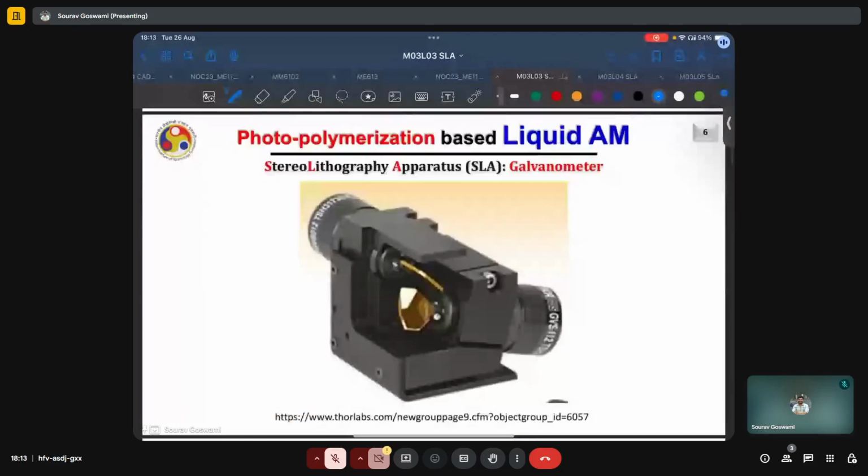And let us talk a bit about the galvanometer. As I said, a galvanometer consists of a pair of mirrors mounted on motors, and we discussed in some depth how, because of the very small inertia of these galvanometer mirrors, they are able to rotate very quickly and deflect the laser light over the scanning area at great speeds.